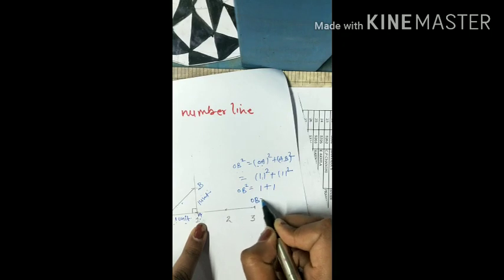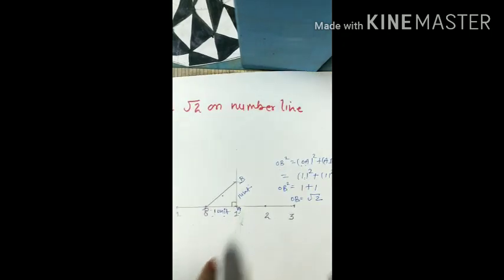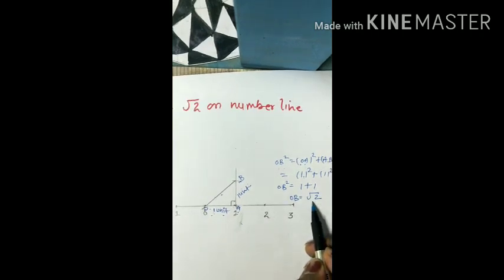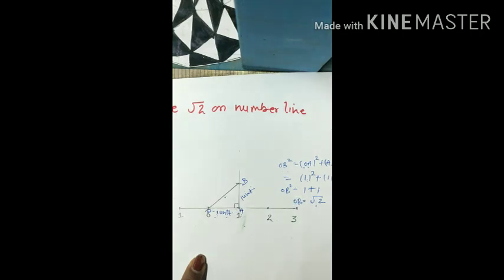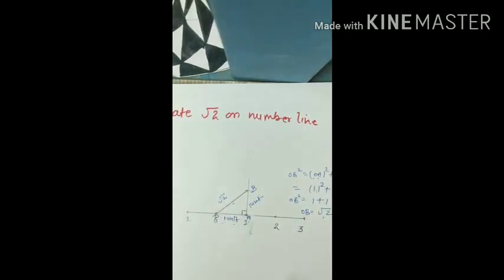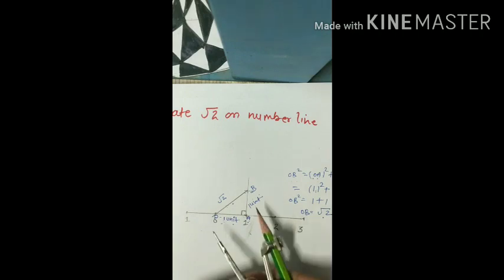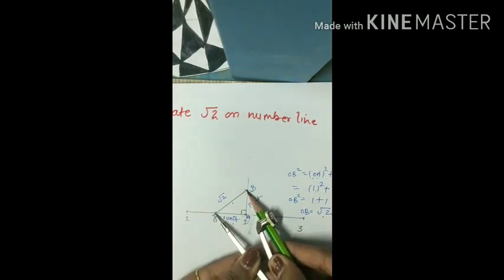So OB is under root 2, that is plus minus under root 2. Minus under root 2 we will neglect, children, because length is always positive. Here OB is under root 2. But we need to show under root 2 on the number line. How can we show, children? Copy this length OB, that is under root 2.